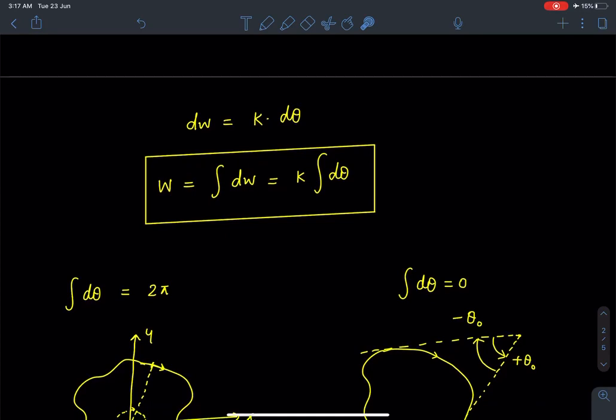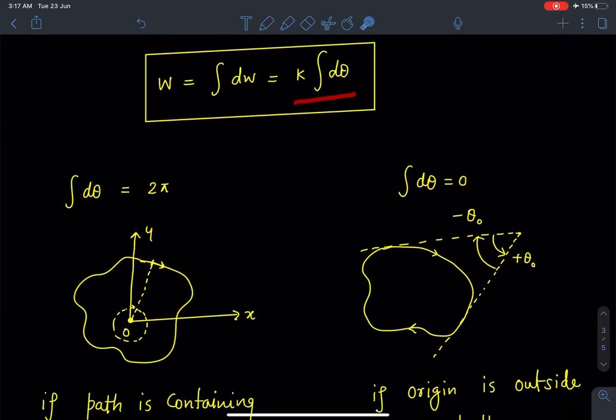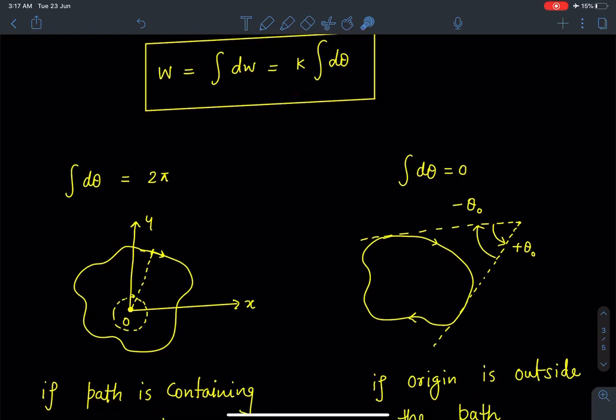If we want to calculate the total work done, we can simply add all these dW's, and we get integral dW equal to k times integral d theta. Now here comes the conceptual part. This total angle calculation will be based on the location of the origin with respect to the path.